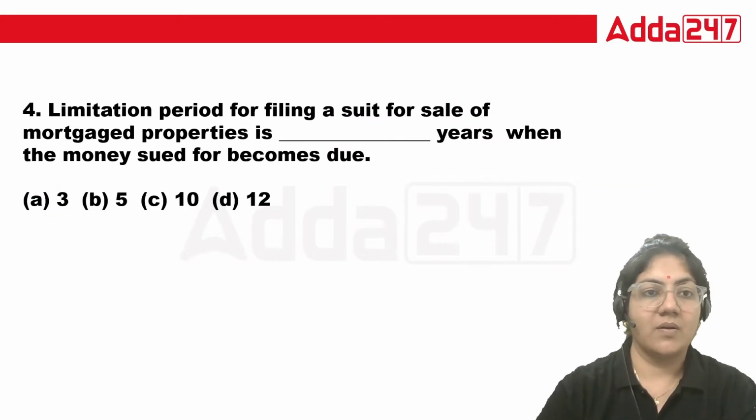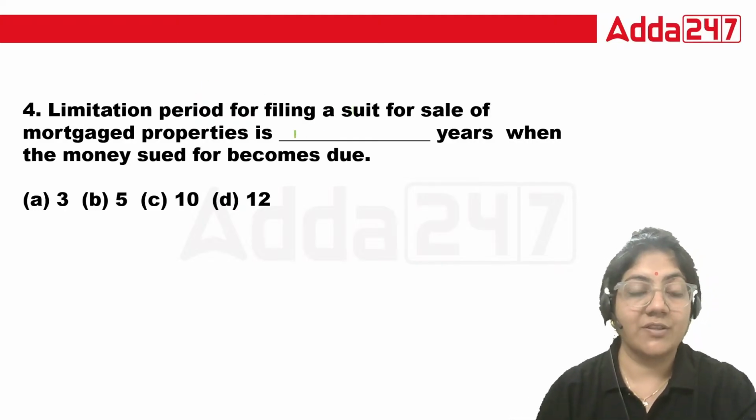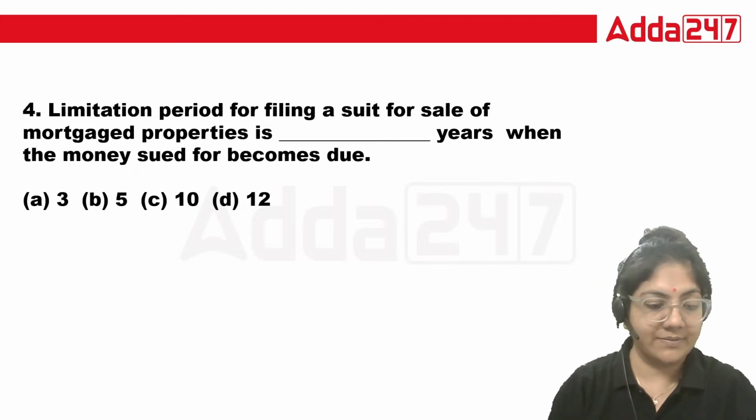Okay, now the limitation period for filing a suit for sale of mortgage property is dash years when the money becomes due. Tell me, class.